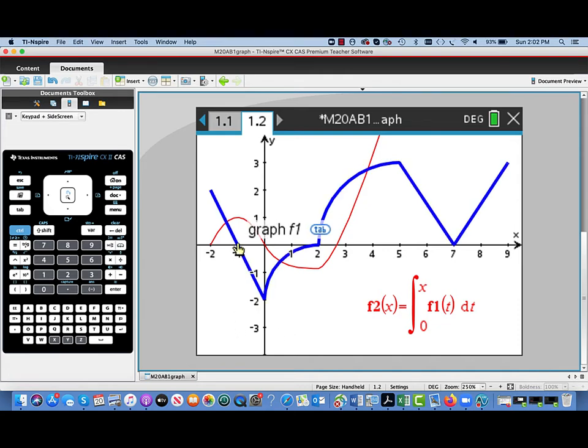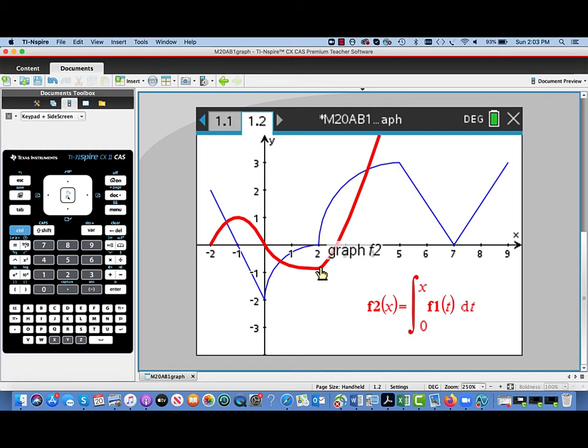Where my blue function changes sign from positive to negative at -1, we should see a maximum in our red graph. And where our blue graph changes from decreasing to increasing, that's going to be a change in concavity in our red graph.